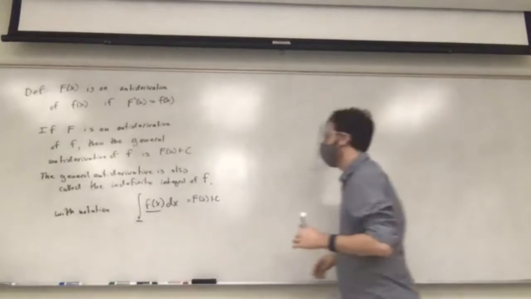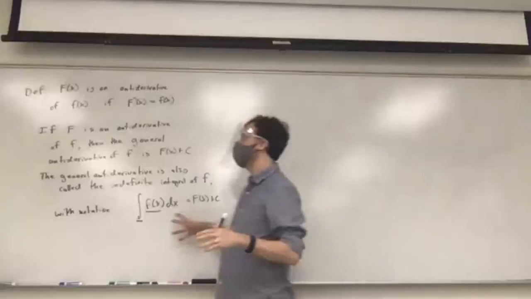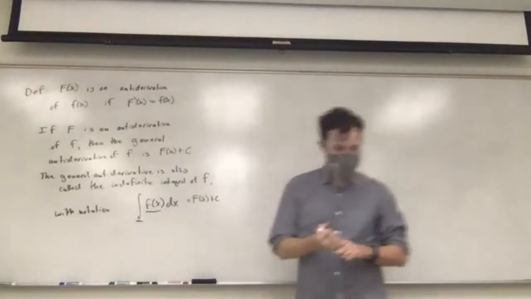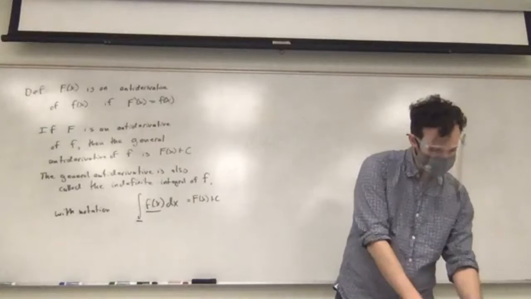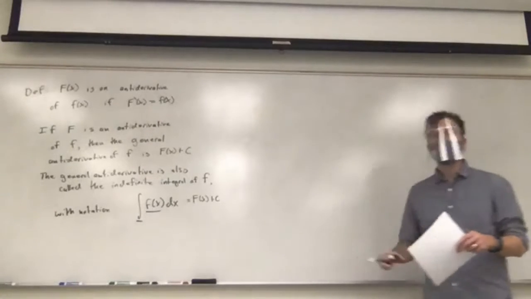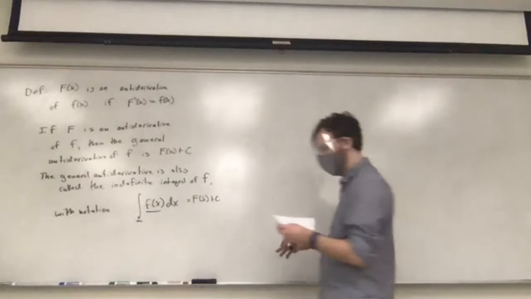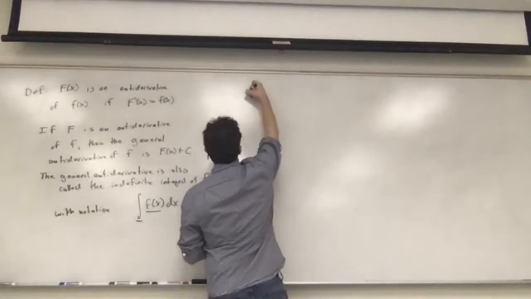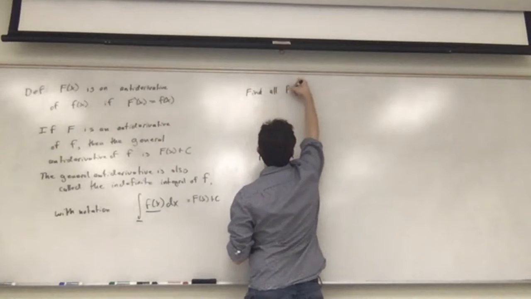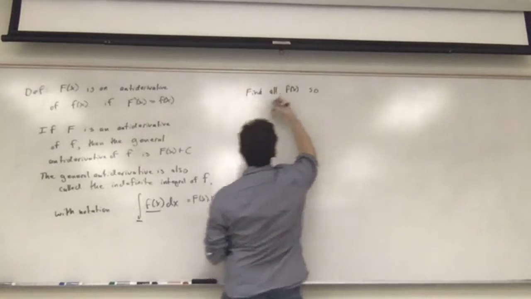So there are a lot of different ways of asking the same question using some of this terminology and notation. For instance, here are 3 ways of asking exactly the same question. We could say, let's find all f of x.